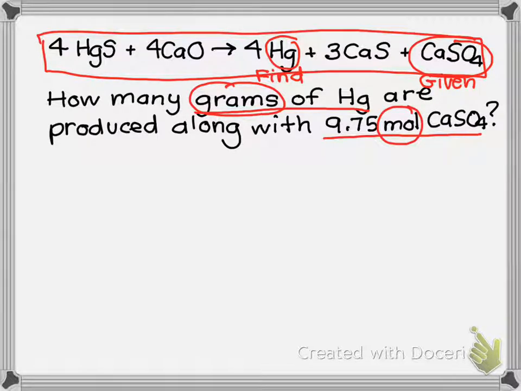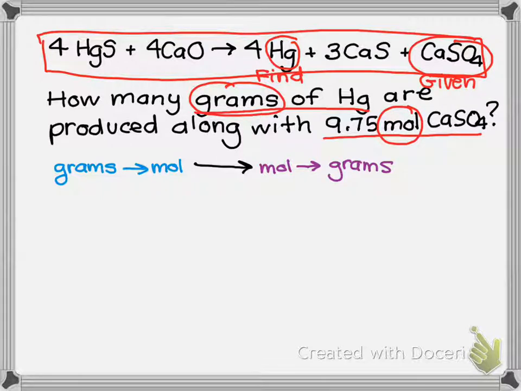So remembering our steps from the first part, it kind of goes like this. It goes grams to moles. That's what you're given. And then from there, if you wanted to find it, it goes from moles to grams.